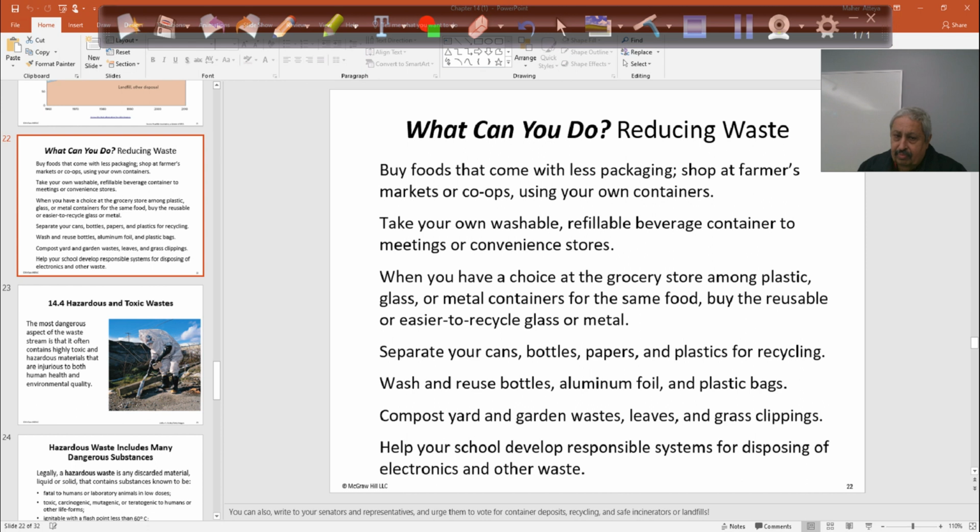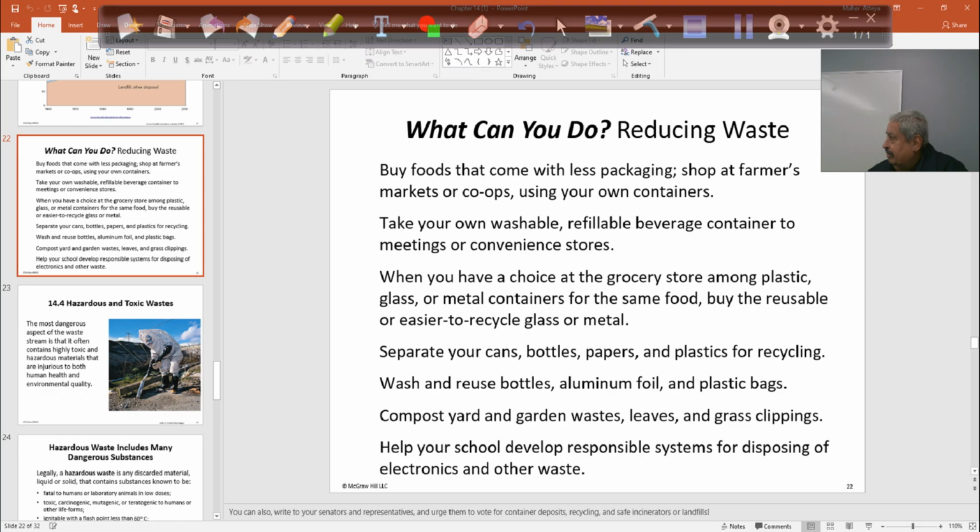When you have the choice in grocery stores among plastic, glass or metal containers for the same food, buy the reusable or biodegradable one, or easy to recycle glass or metal. If you have to buy containers made of metal or glass, choose the ones that can be recycled. Separate your cans, bottles, papers, and plastic for recycling.